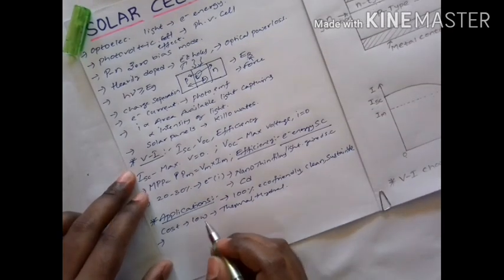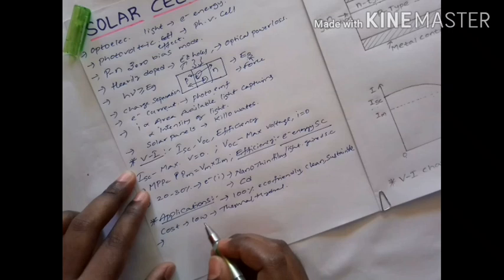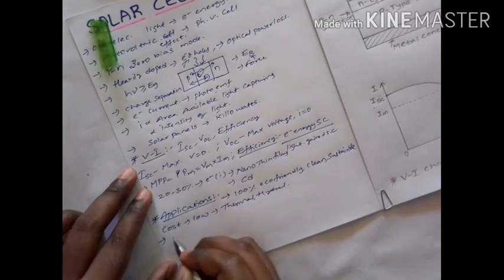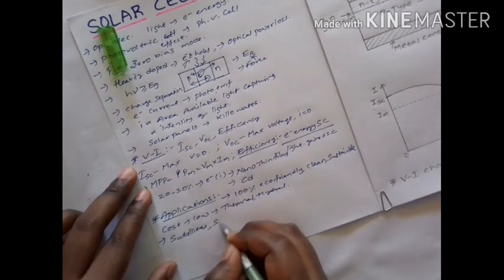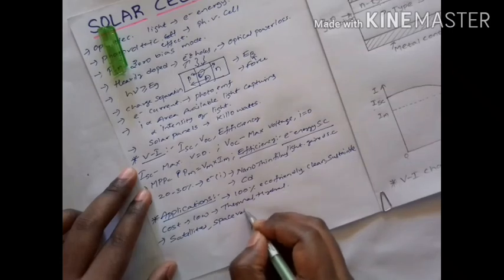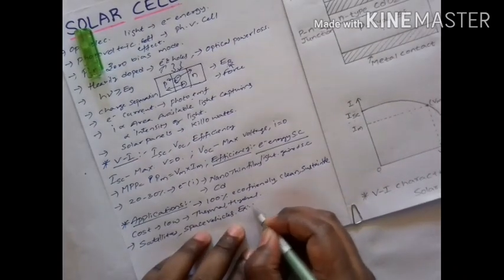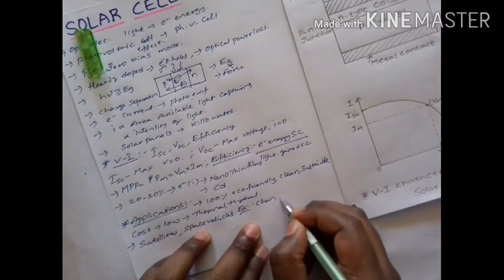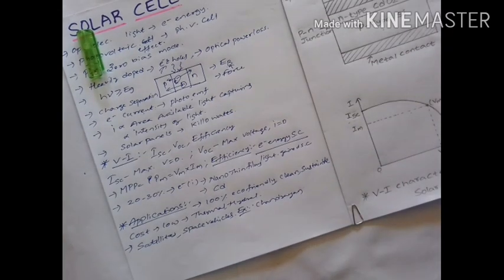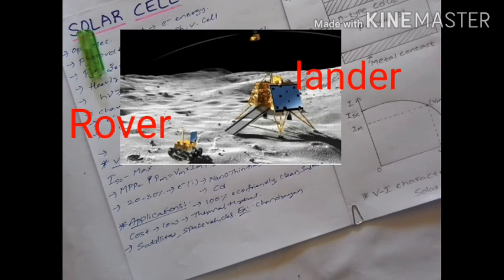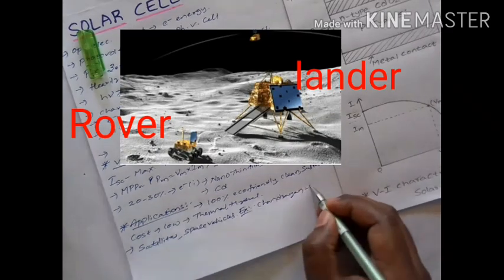One more application of the solar cell is that these solar cells are used as batteries, or used to charge the batteries in satellites and space vehicles. A very good example of this category is Chandrayaan 2. Everyone knows that recently ISRO launched a satellite onto the moon and named it Chandrayaan 2.